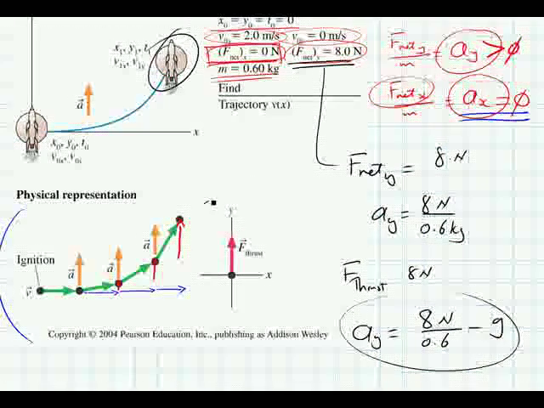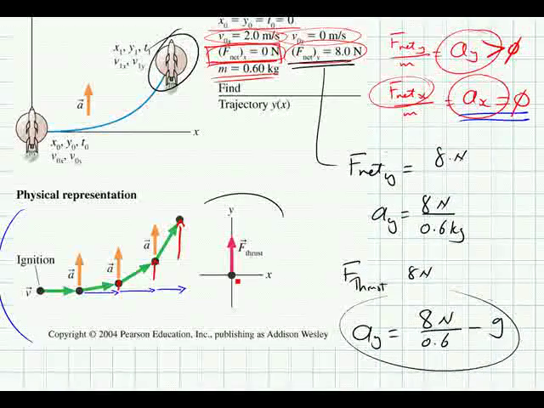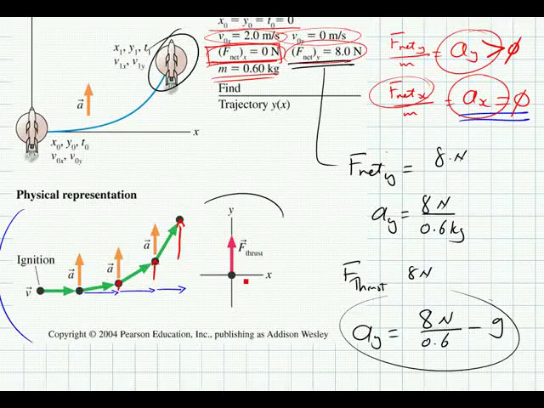Or what I recommend is you always do a free body diagram, and in this case our free body diagram would have F thrust and of course W acting down.